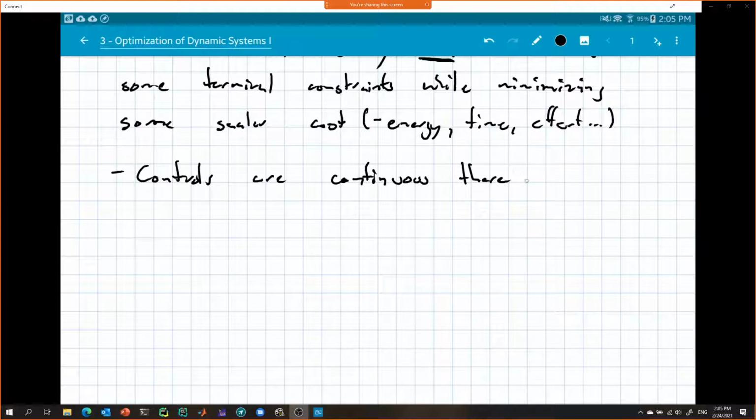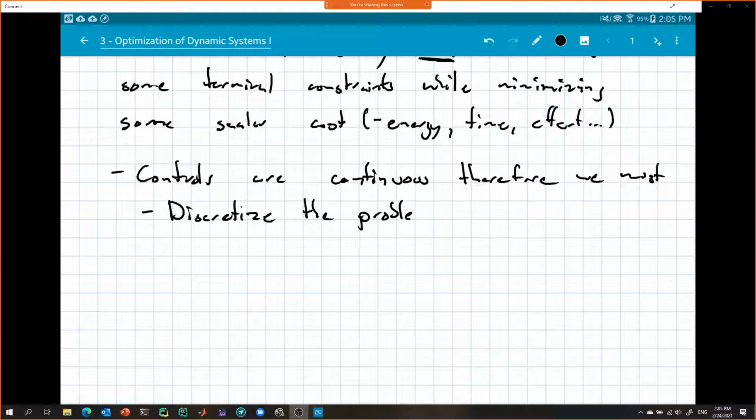Therefore, we must either discretize the controls or discretize the system before optimizing. And that's what we call direct methods.